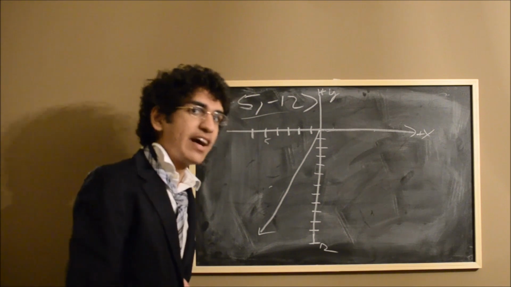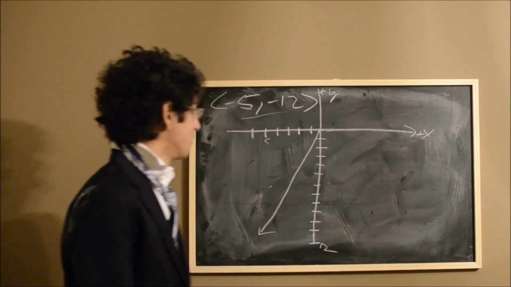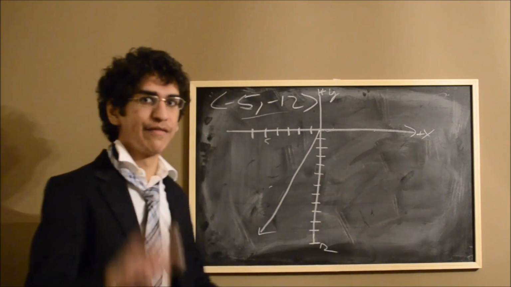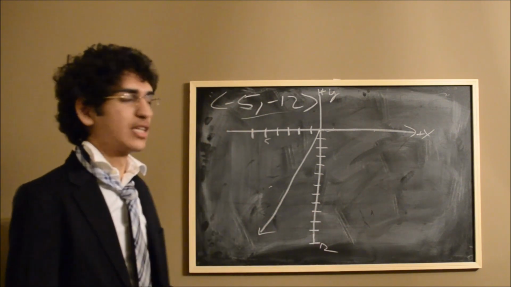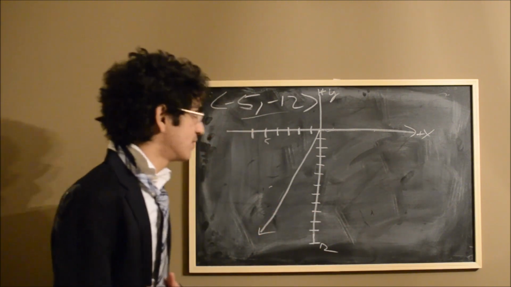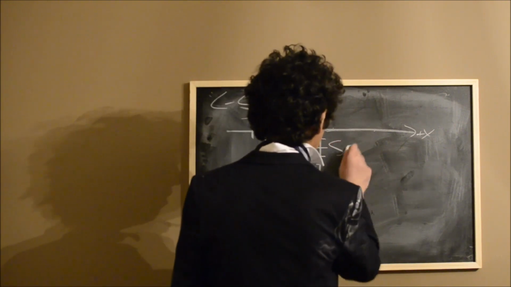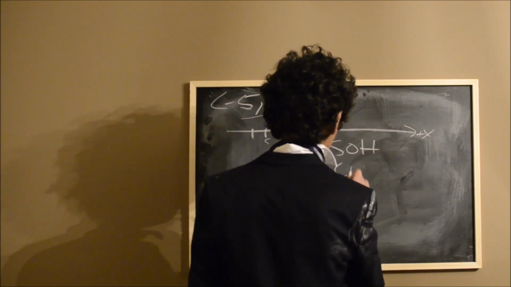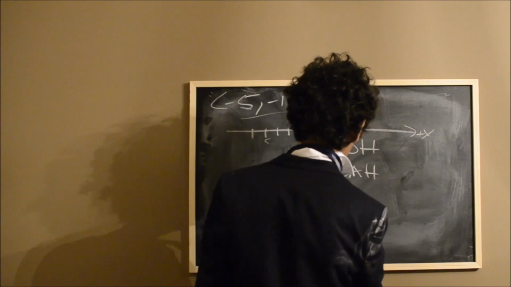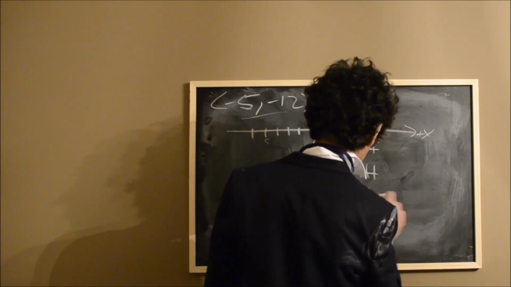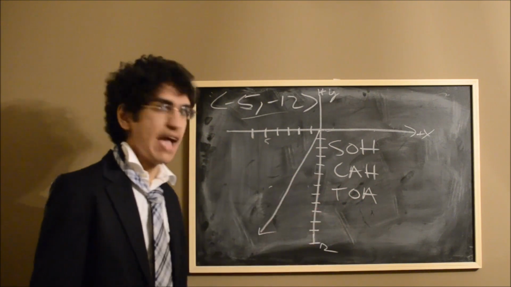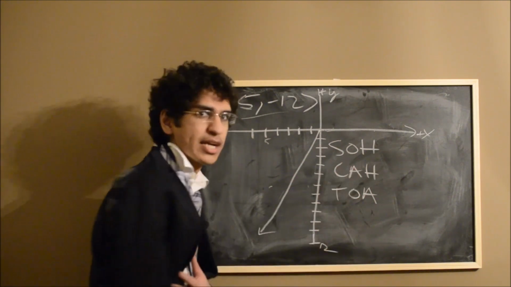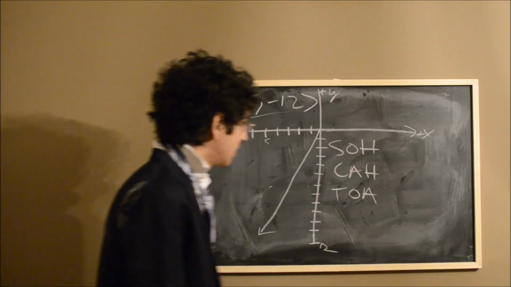Now how do I find the angle? Well, we have to use trig functions. You probably don't remember anything about trig functions, so let's review that. SOHCAHTOA, everyone's favorite trigonometric mnemonic device.